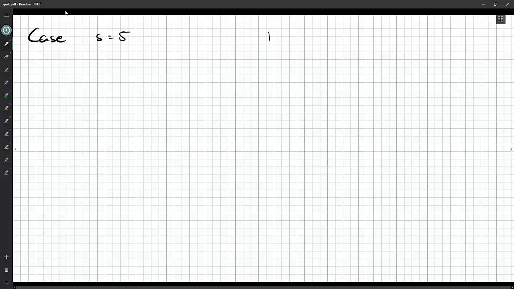So let's try something like this. If S is 5, I know R has to be in this range. So R could be 5, 10, or 15.